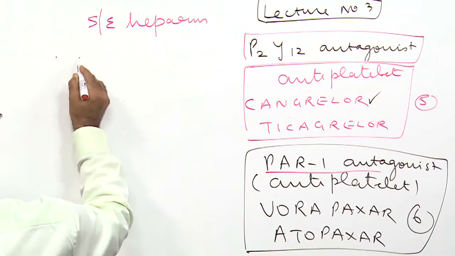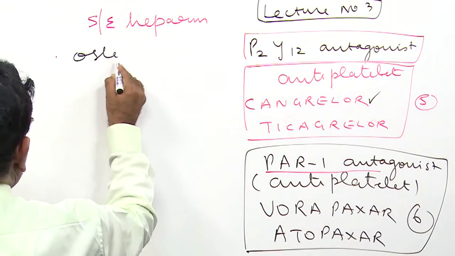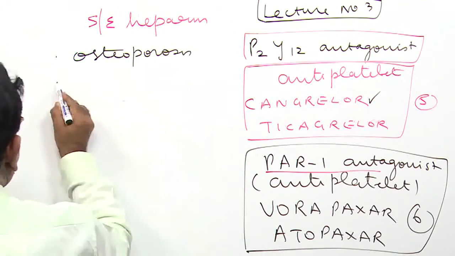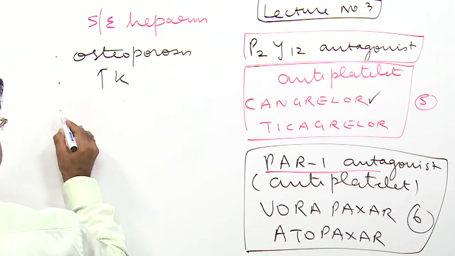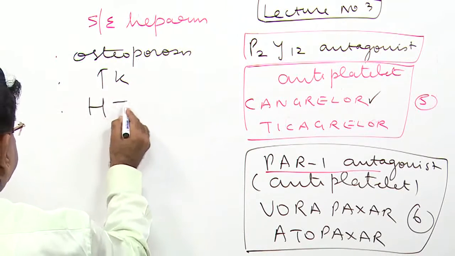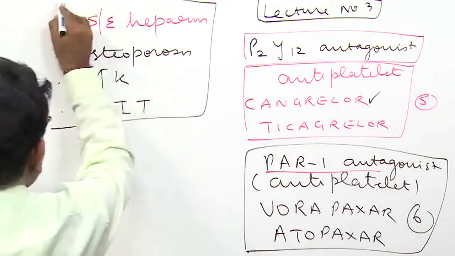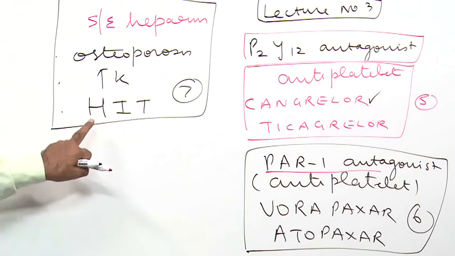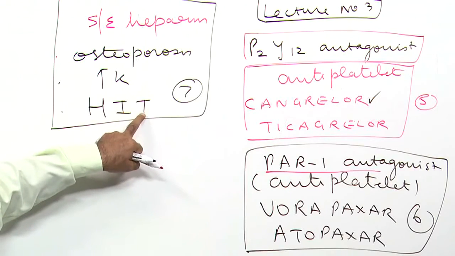The side effects of heparin: it can lead to osteoporosis, hyperkalemia, and heparin induced thrombocytopenia.